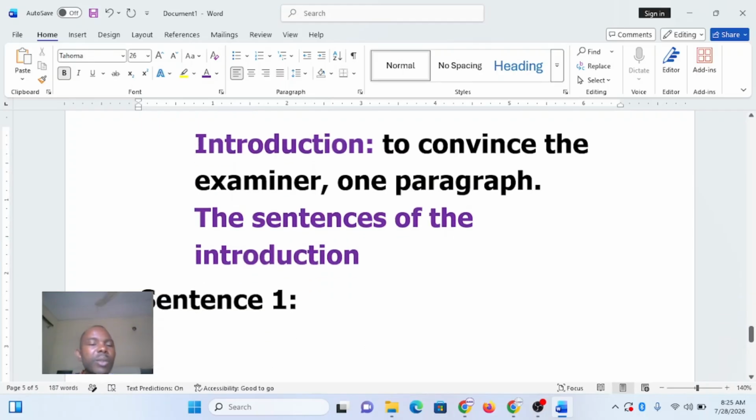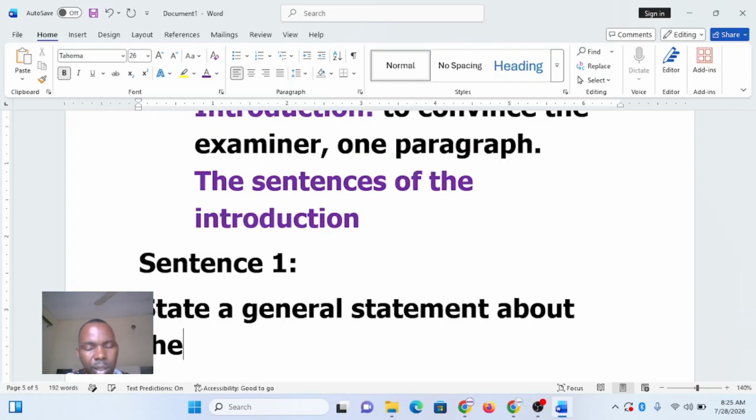Of course, this is your first sentence. This is the opening sentence in the paragraph, right? So the first thing you do is to state a general statement, the topic of the question.